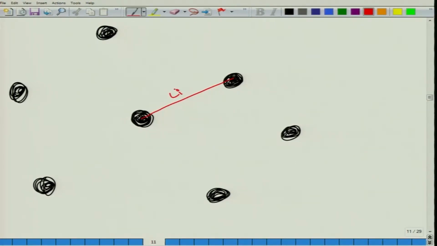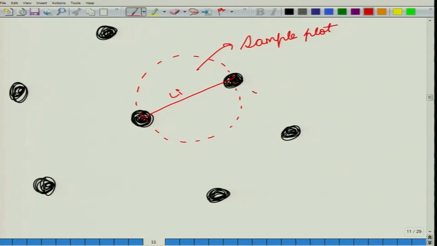Now let us make a circle with Li as its diameter. If we make this circle, now consider our sample plot to be given by this circle. So this is our sample plot.